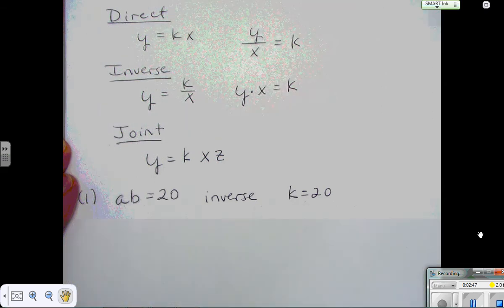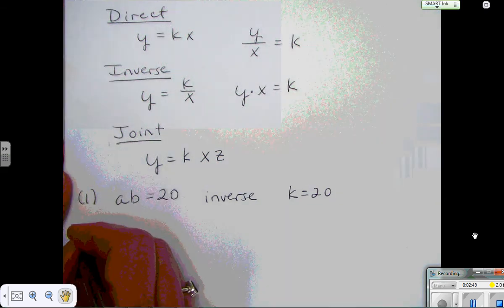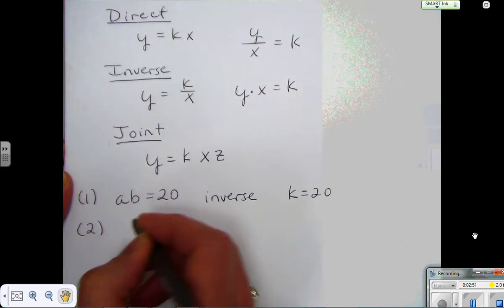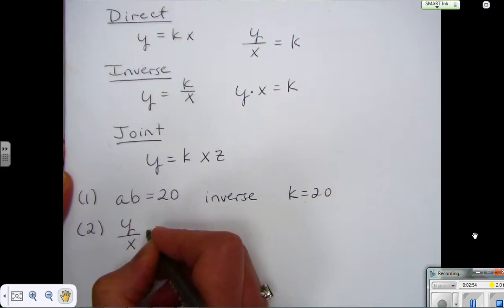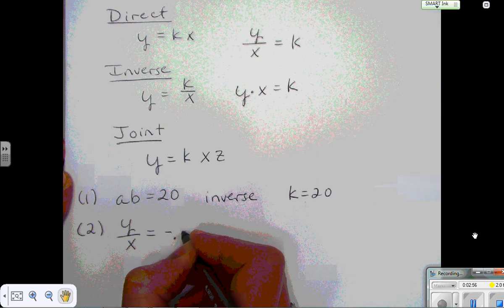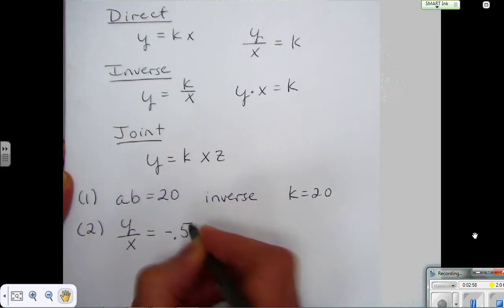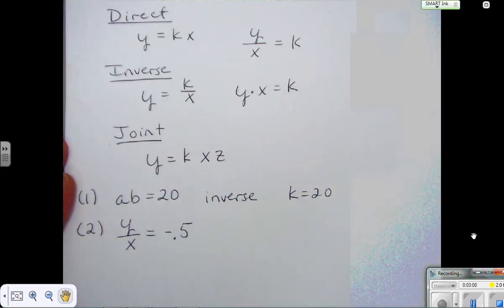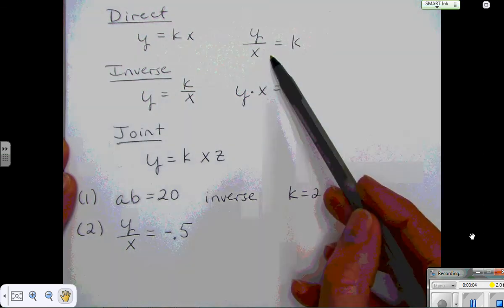Any questions? All right, so let's look at number 2. Number 2 is y divided by x equals negative 0.5. Exactly. So this one is in the form of a direct variation.